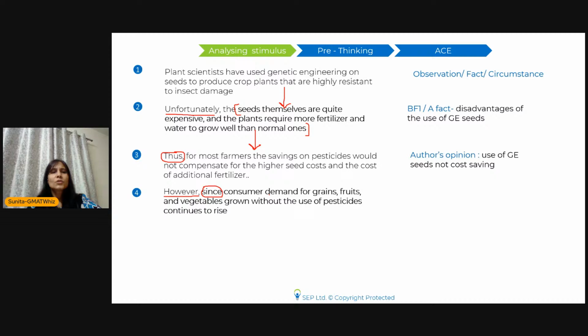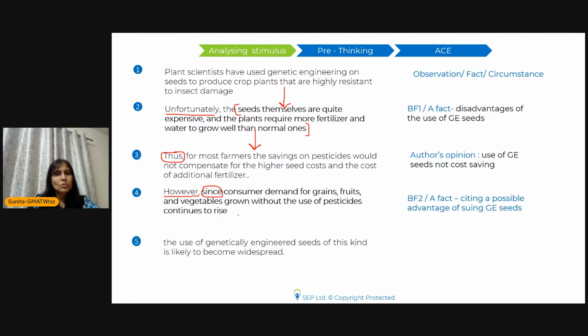So, consumer demand for grains, fruits, and vegetables grown without the use of pesticides continues to rise. So, this is a fact. And the author is giving this fact to prove something in the opposite direction of whatever the author has concluded earlier. And the author goes on to say the use of genetically engineered seeds of this kind is likely to become widespread, which is the author's opinion.